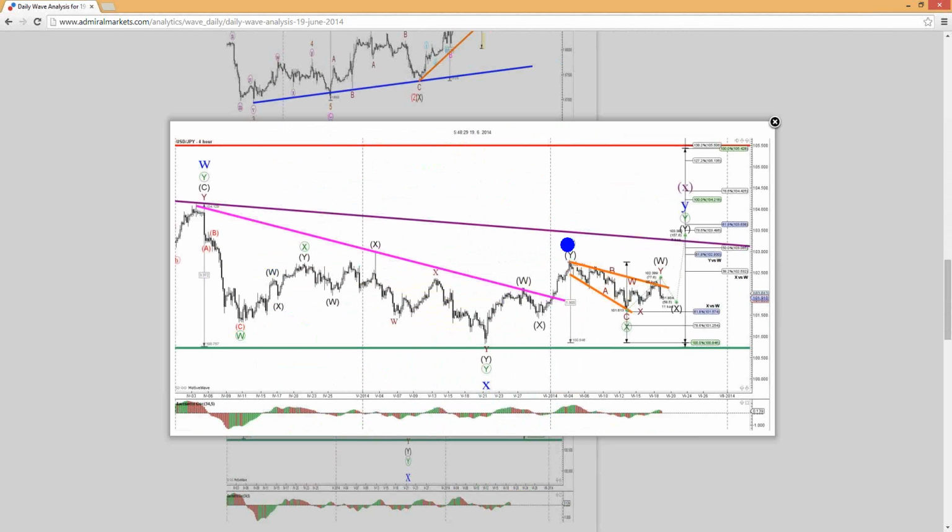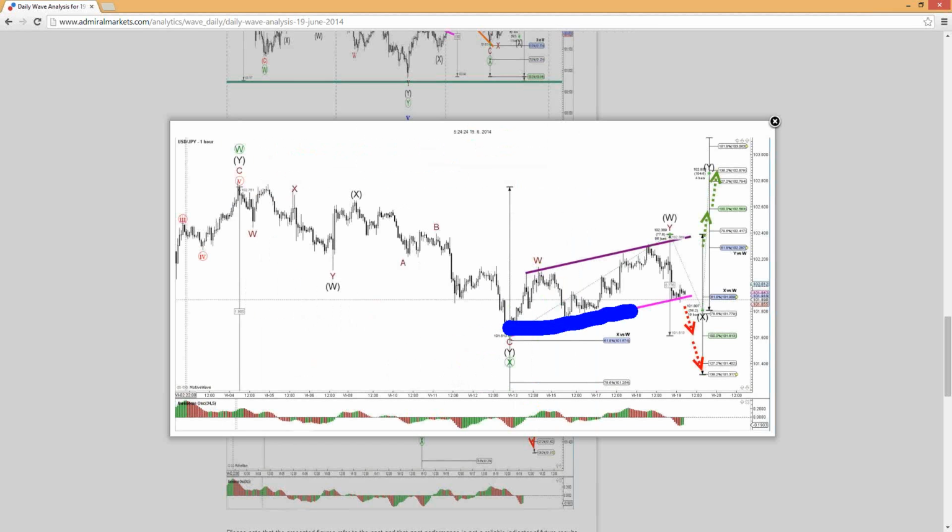At the moment, I have it labeled as a WXY green to complete a lot of corrections with a WXY within green, but the black X is not really materializing so far. Why? Because price here is breaking through magenta. Now, that target for X could be, for instance, 101.60, which is the 100 level.